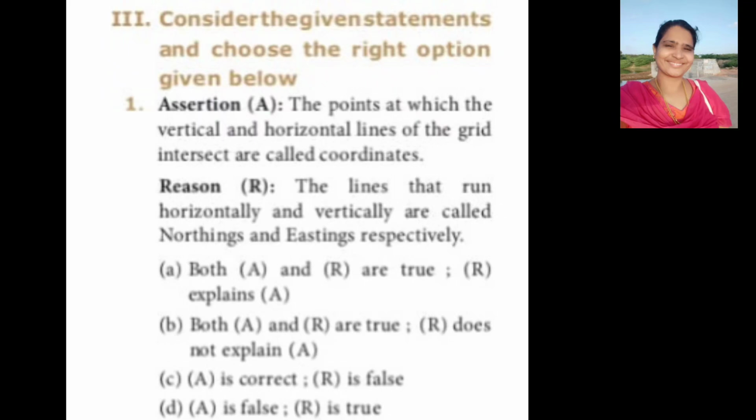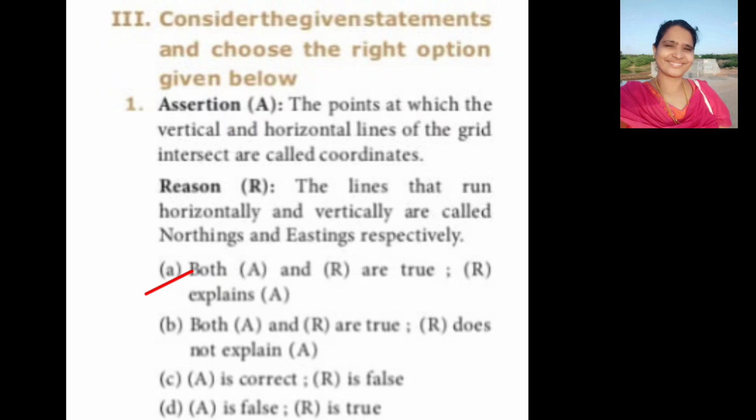And your options are A. Both assertion and reason are true. Reason explains assertion. B. Both assertion and reason are true. Reason does not explain assertion. C. Assertion is correct, reason is false. D. Assertion is false, reason is true. So which one is right? Option A is right. Both assertion and reason are true.